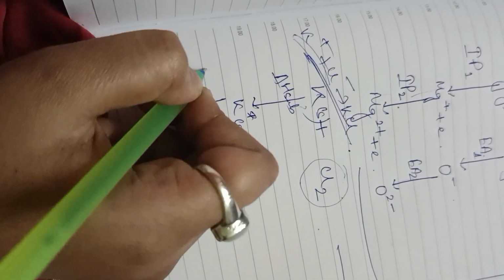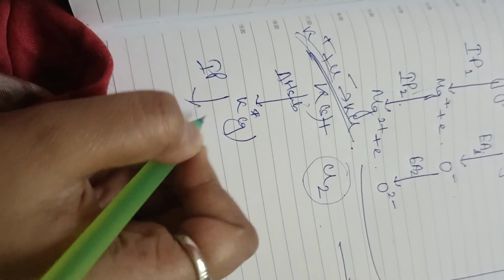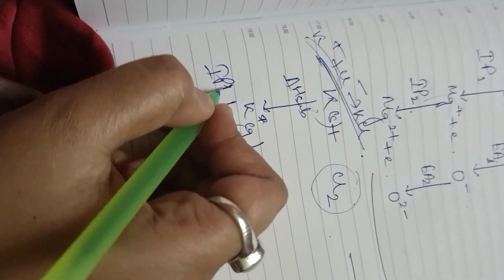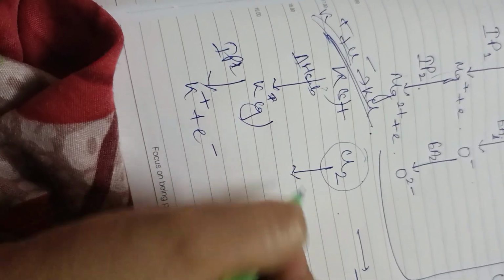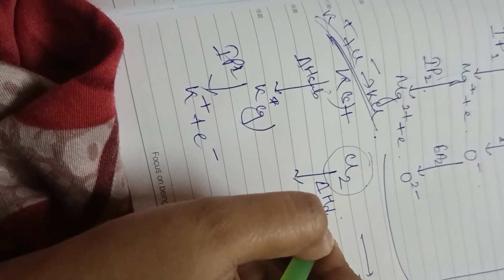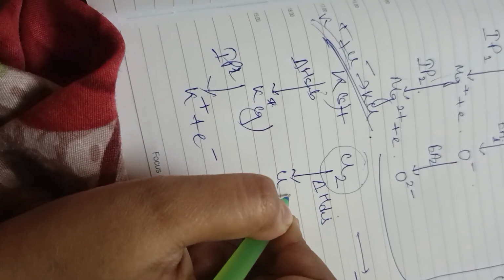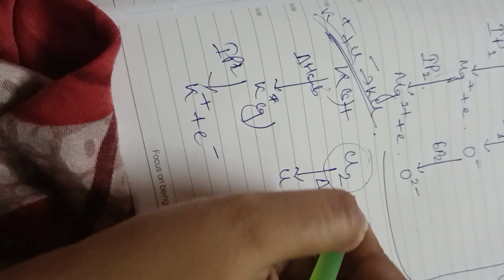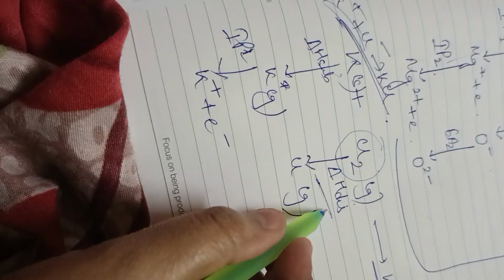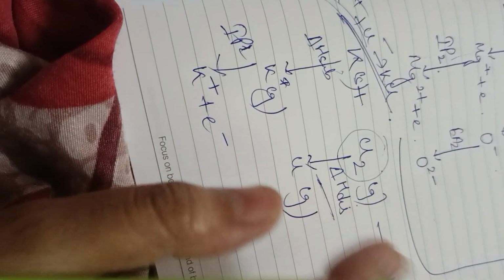Now you will do ionization potential 1, so you will get K+ plus an electron. Ionization potential 2 is not needed. Second, over here you will do delta H dissociation so that you get Cl gas.